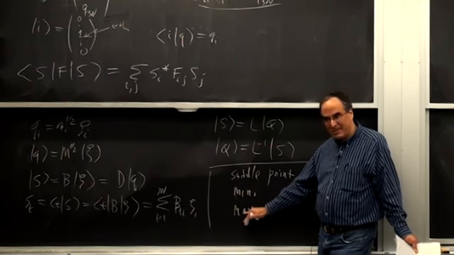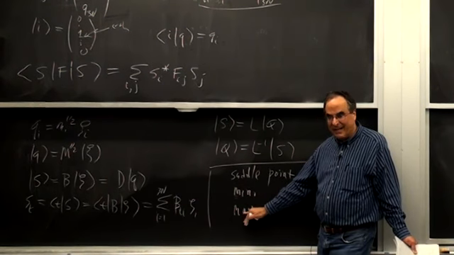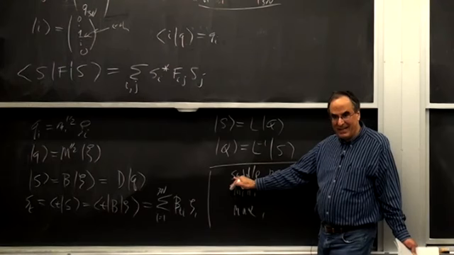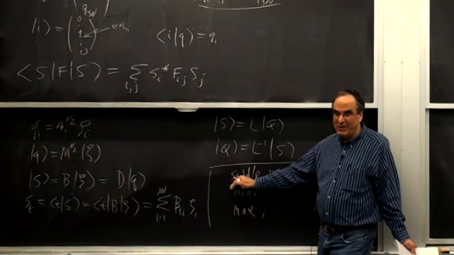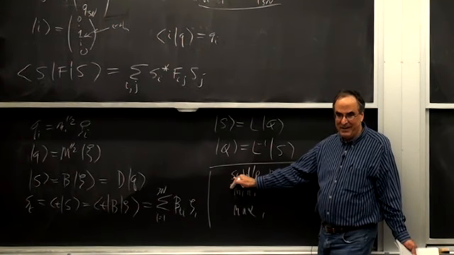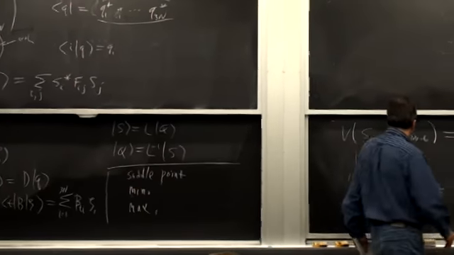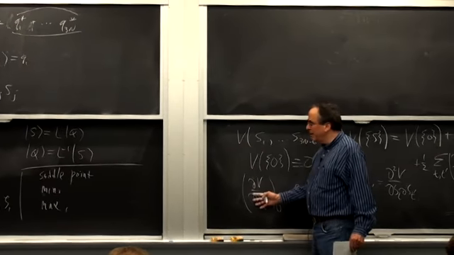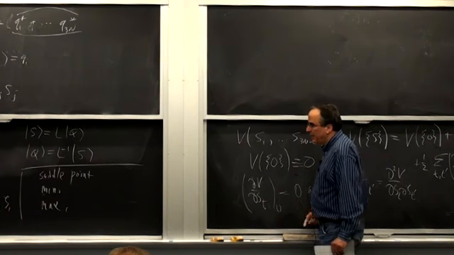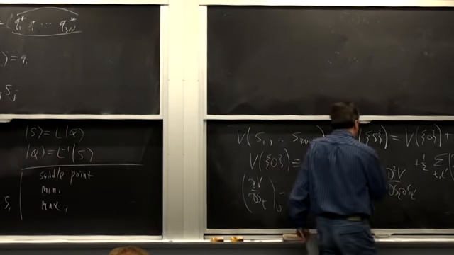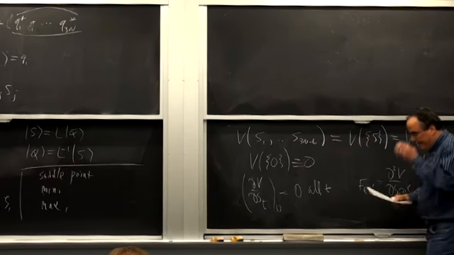And at a maximum, and at a saddle point, well, they're either positive or negative. At least one is going to be negative. Okay. But we're really interested only in the derivatives at equilibrium, and that's how we determine the elements of this force constant matrix.